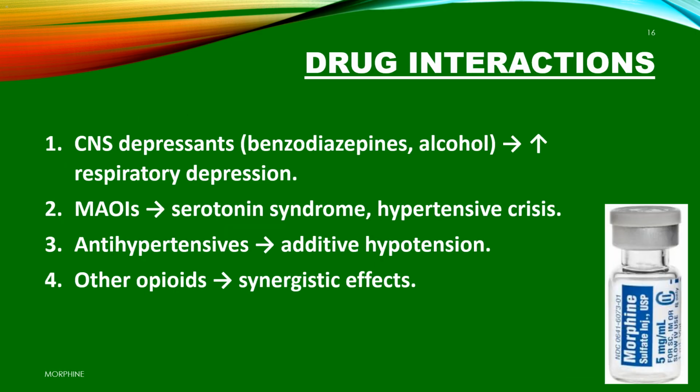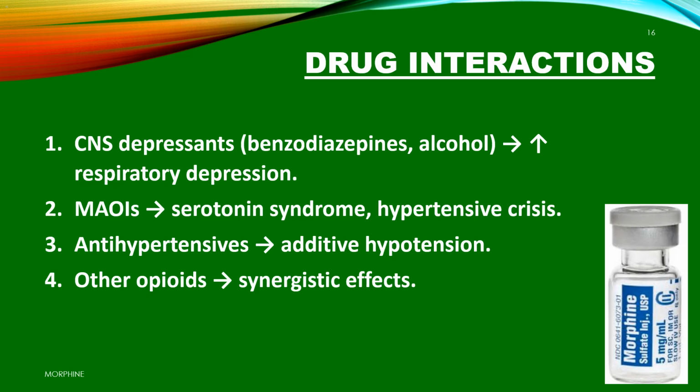Drug interactions with morphine. 1. CNS depressants. Benzodiazepines. Alcohol. Combining morphine with these substances can increase the risk of respiratory depression, a potentially life-threatening condition. 2. MAOIs. Monoamine oxidase inhibitors.